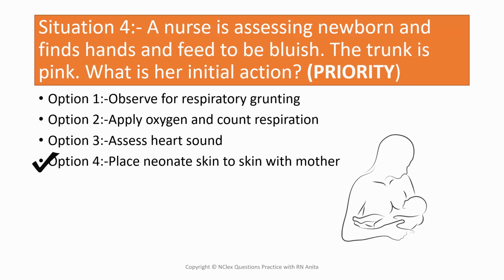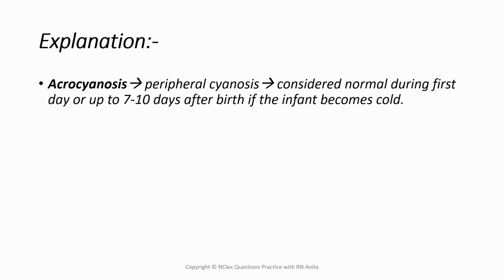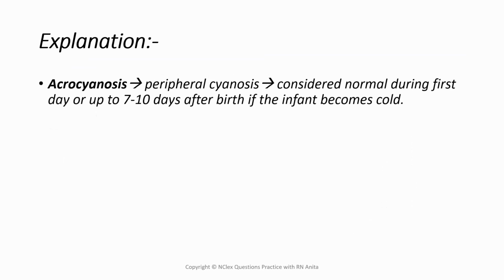Now let's talk about why options 1, 2, 3 are incorrect and why option 4 is correct along with its rationale. Option 1 talks about observing for respiratory grunting. There is no relationship between decrease in body temperature of the neonate and respiratory grunting. Respiratory grunting and murmur might indicate other physiological problems. There is a term called acrocyanosis.